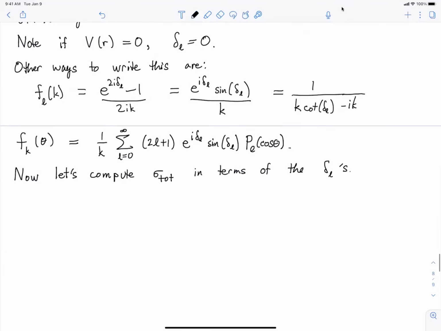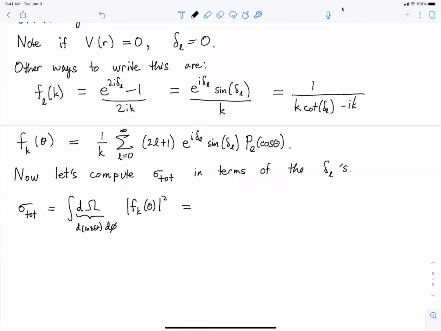All right, so everything's done in terms of the delta_l's, the phase shifts, and so our total cross-section is the integral of d omega. Remember, that's d cos theta d phi of the square of f_k of theta.